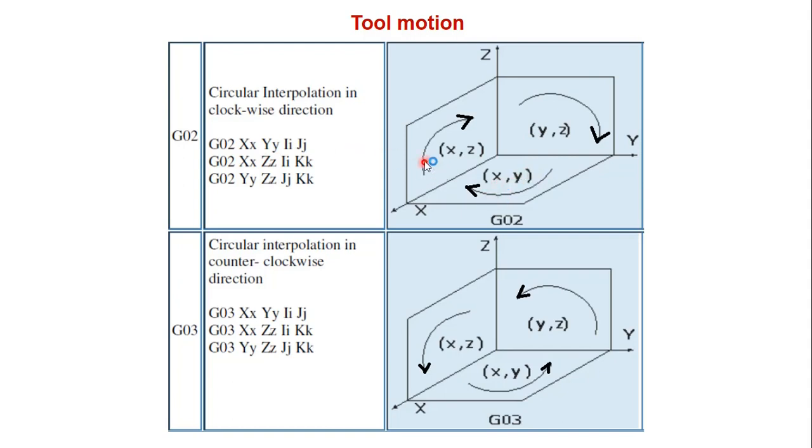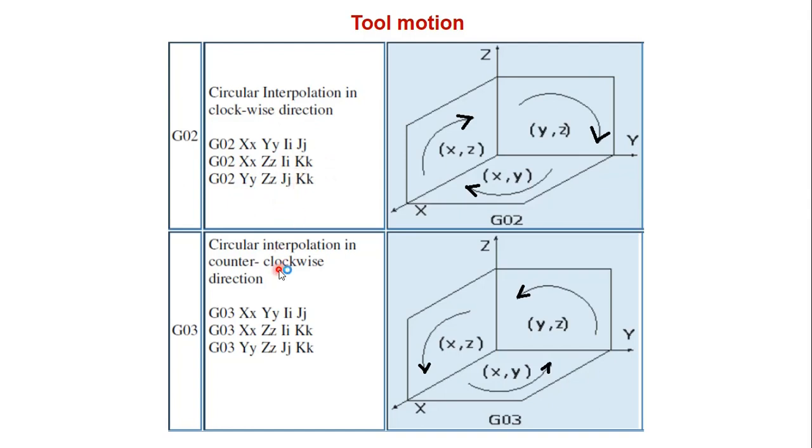If you are using the XZ plane you have to use coordinates of X and Z, and if you are using the YZ plane, similarly coordinates of Y and Z. You have to give the endpoint coordinates, and then the first option is to define the radius. If the radius is not available, I have to define IJ or IK or JK, depending upon which plane you are in.